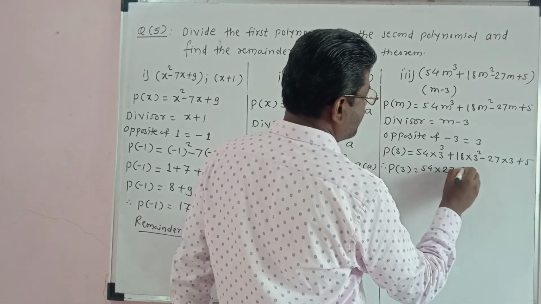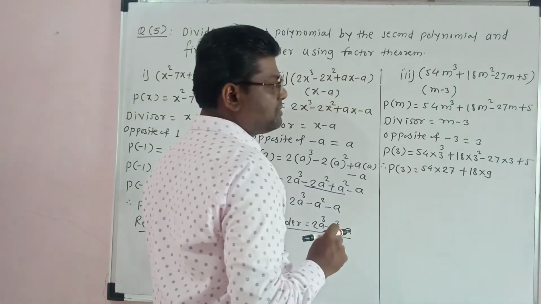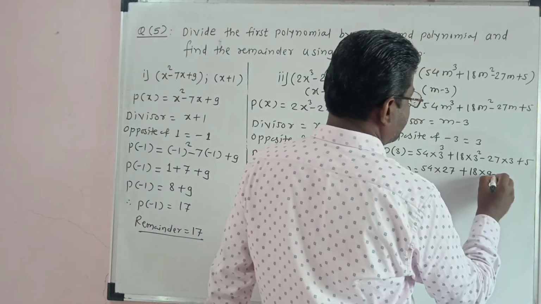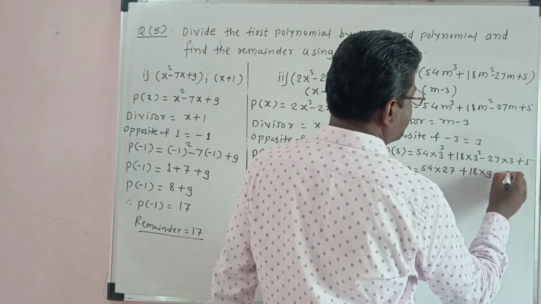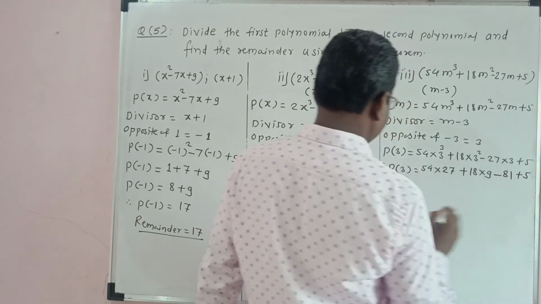Therefore P of 3 is equal to 54 into 3 cube, that is 27, plus 18 into 3 square, that is 9, minus 27 into 3, that is 81, plus 5.